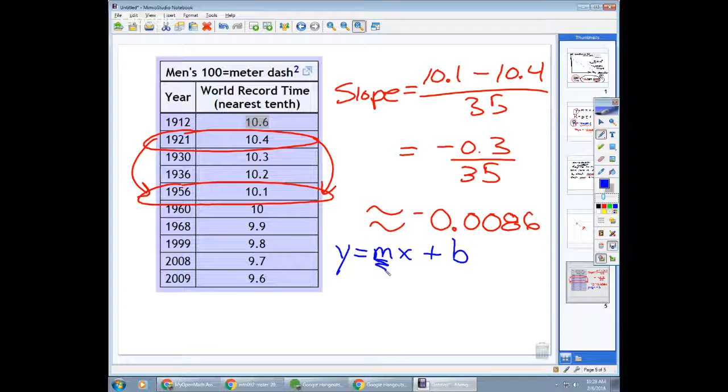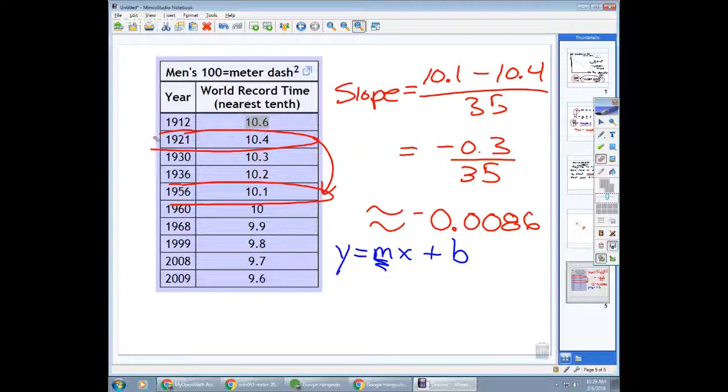So we've just calculated, we think we know what m is right now, but we don't know b. So one way to do this is just to pick one of these points to plug in for y and x. Now before we do that, we got to make a slight modification to our table.